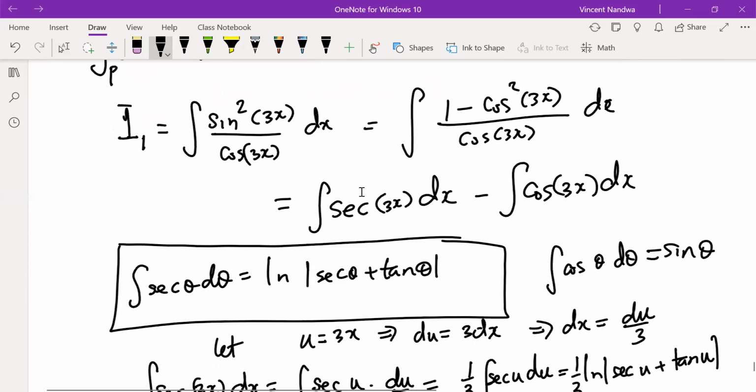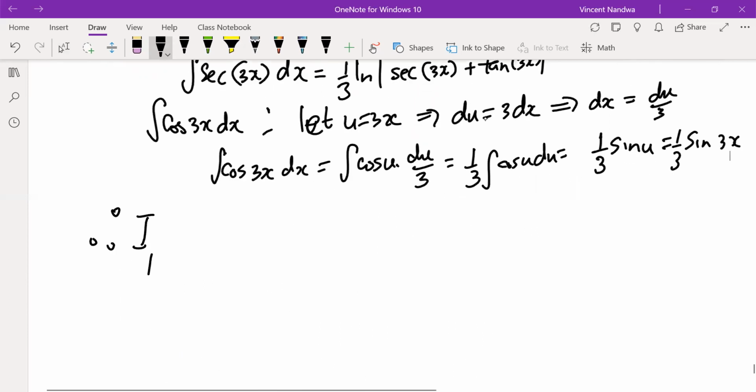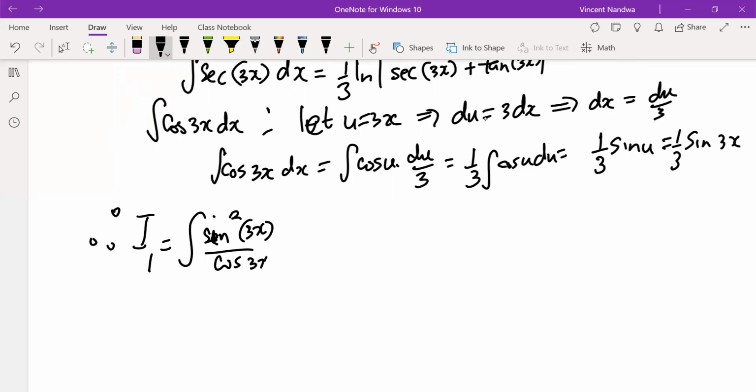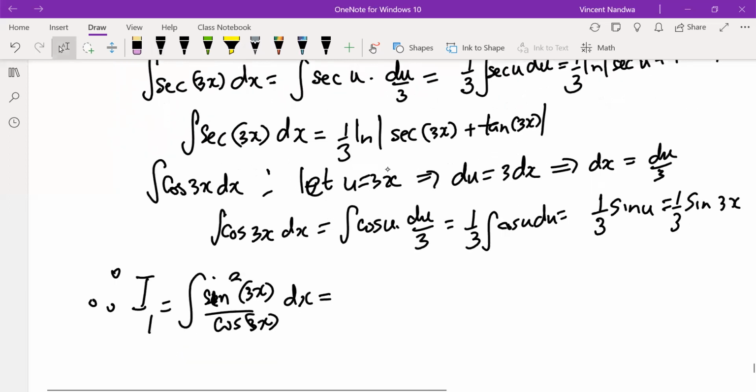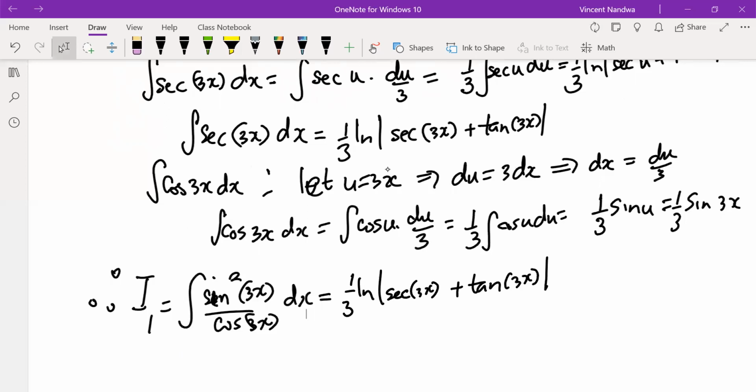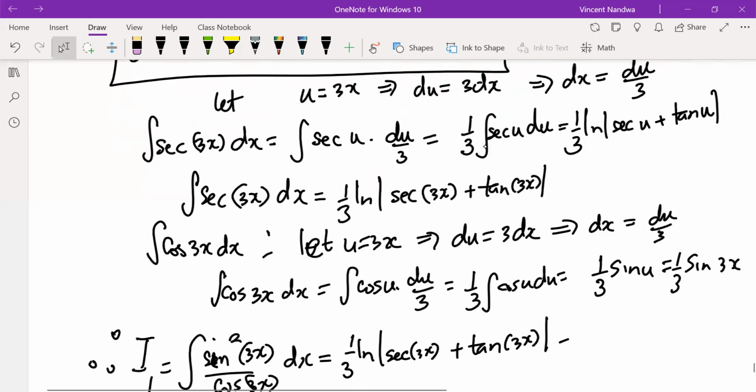So therefore, I1, which is the integral of sine squared 3x over cos 3x dx, will be: for sec, we have gotten a third ln of sec 3x plus tan 3x, and then minus a third sine of 3x.